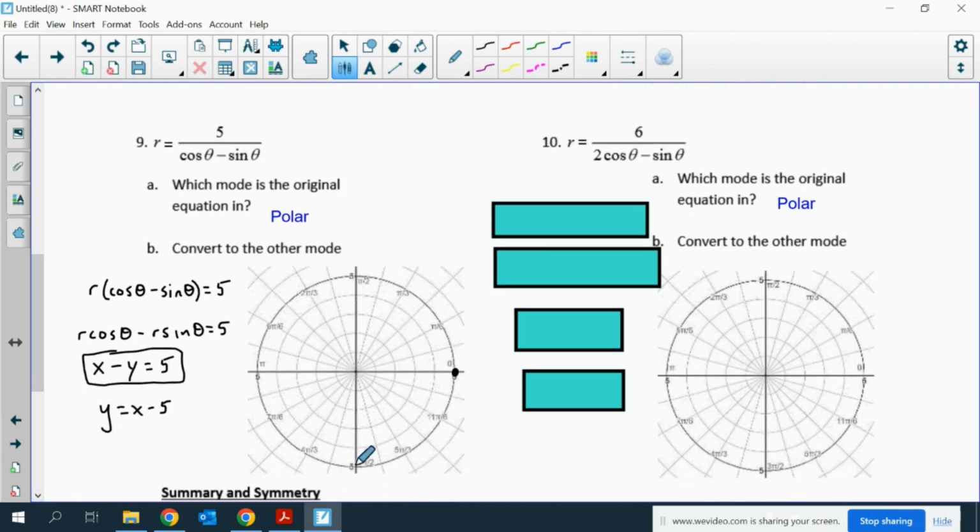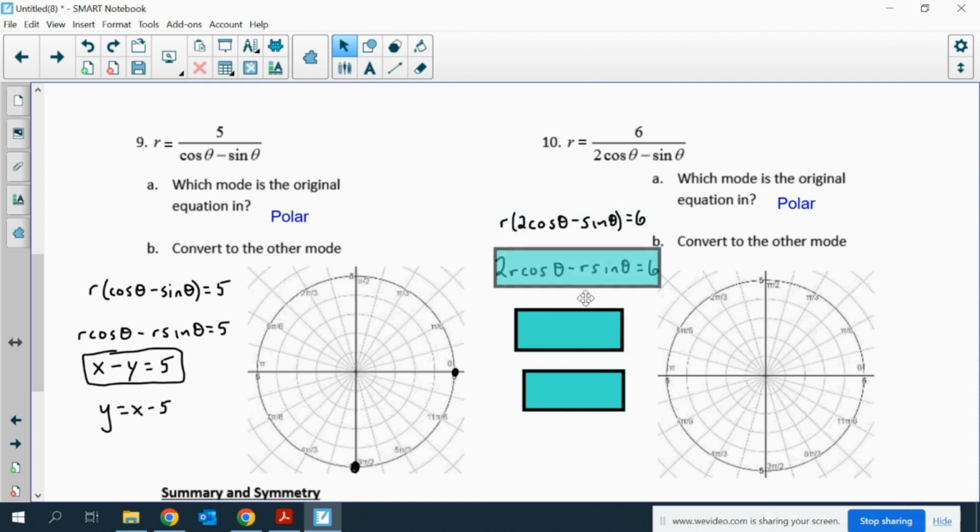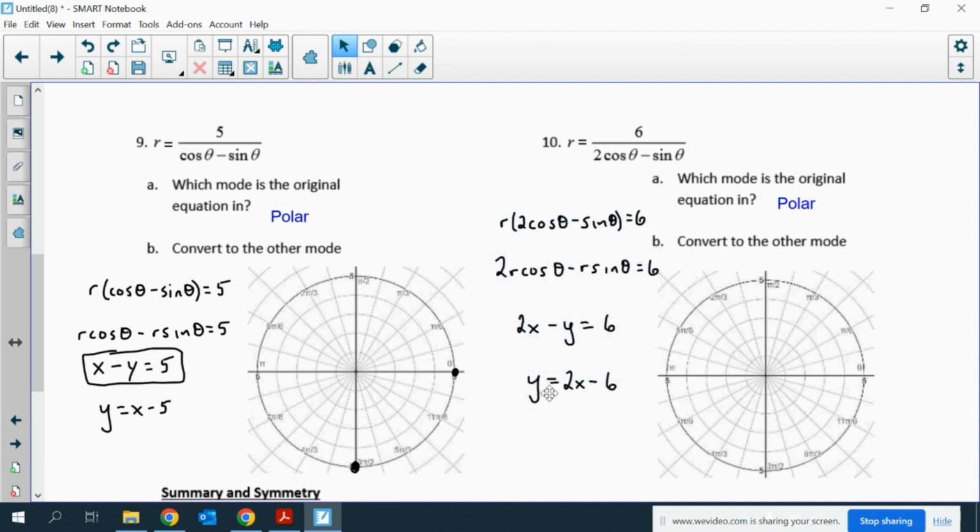And I get the point 0, negative 5. In the interest of time, we'll just do the other one at the same time. So this one we multiply over, distribute, r cosine is x and r sine is y, and so we end up with y equals 2x minus 6.